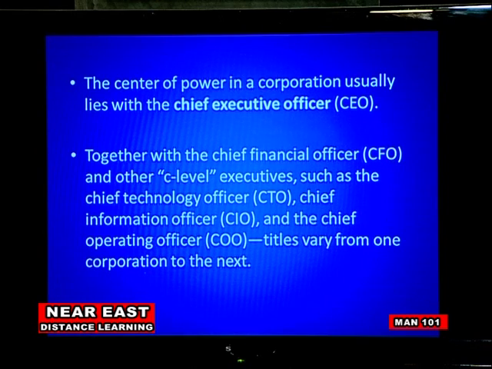The center of power in a corporation usually lies with the chief executive officer, together with the chief financial officer and other C-level executives, such as the chief technology officer, chief information officer, and the chief operating officer. Titles vary from one corporation to the next.